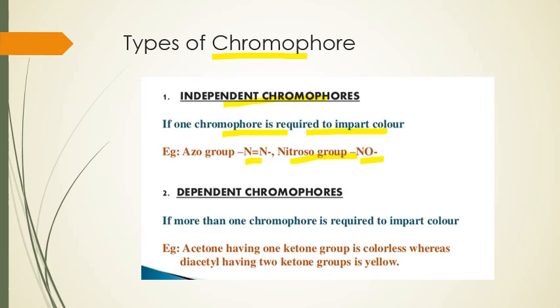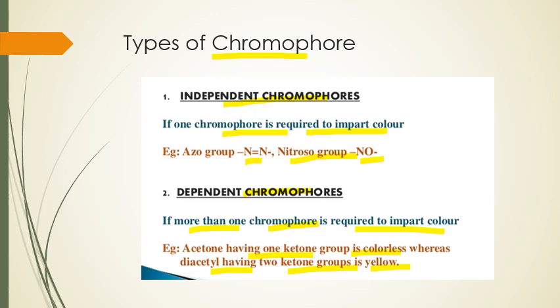Dependent chromophores are those where more than one chromophore is required to impart the color. The color of the compound is due to the presence of more than one chromophore. For example, acetone, having one ketonic group, is colorless, whereas diacetyl, having two ketonic groups, is yellow.